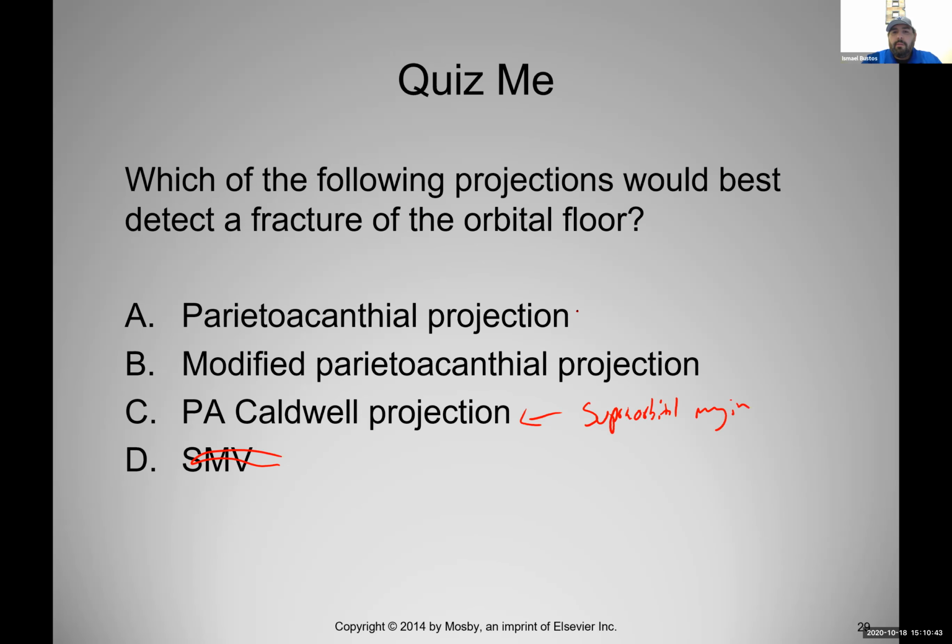Parietal acanthial is just an overview of orbits. This one here is going to best visualize the infraorbital margin. Okay, so B should be the winner there.